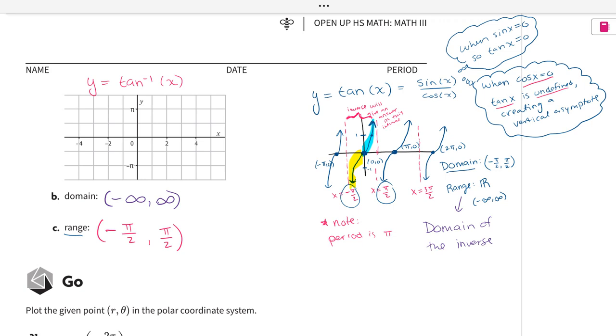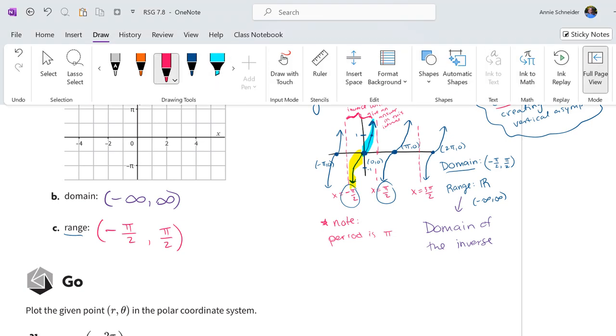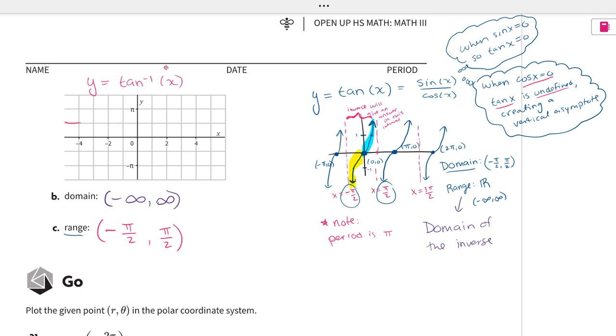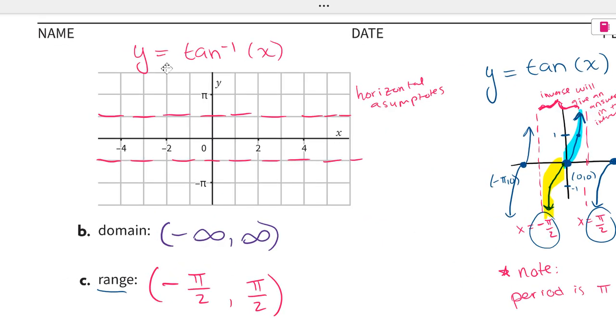The vertical asymptotes are going to become horizontal asymptotes. So horizontal asymptotes at y equals pi over 2 and y equals negative pi over 2.